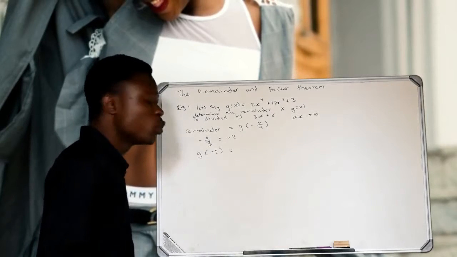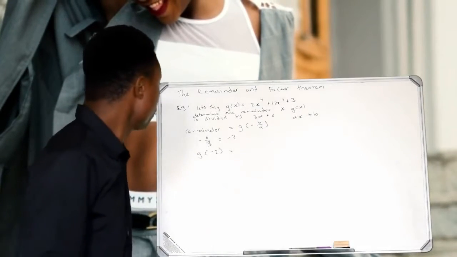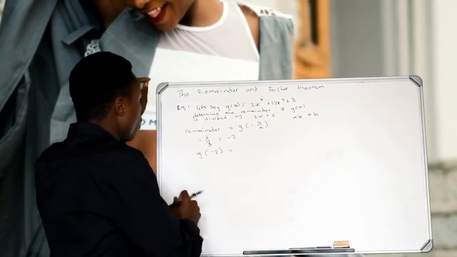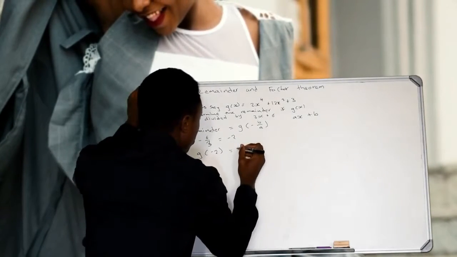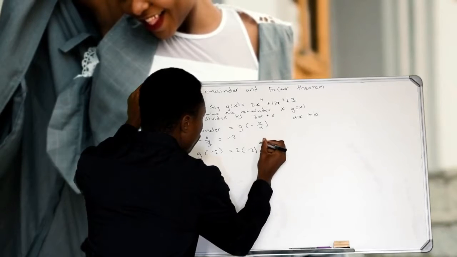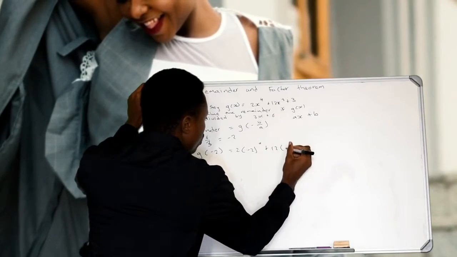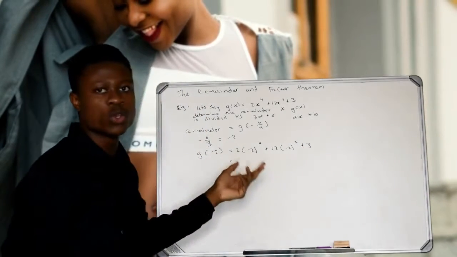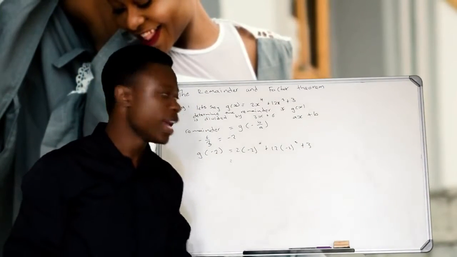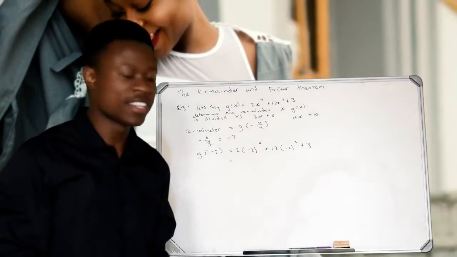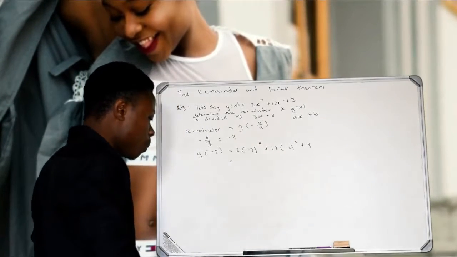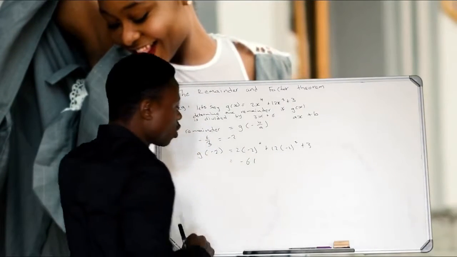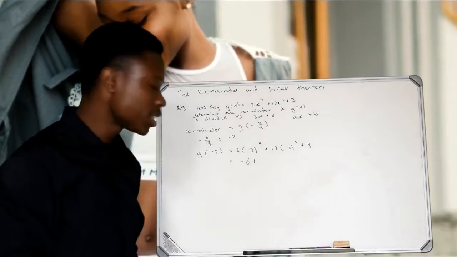So it will be negative 2 to the power of 4 plus 12 times negative 2 to the power of 3 plus 3, right? Now I just put this into the calculator and find the final answer. If I put this in the calculator, my result is negative 61. So the remainder is equal to negative 61, right?